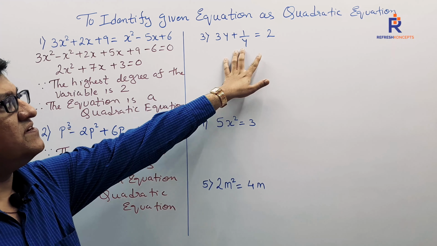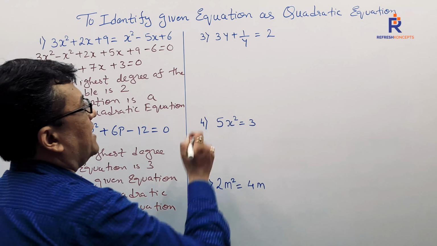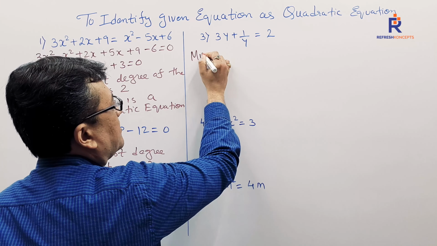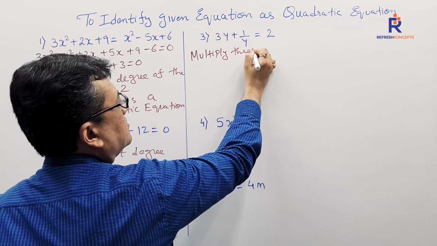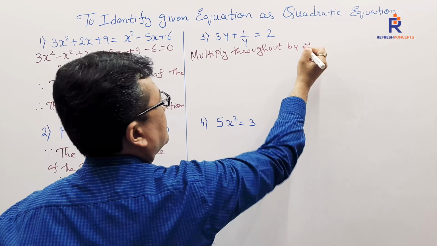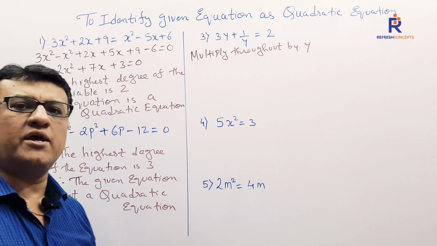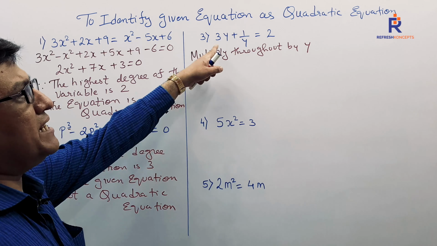Since we have y in the denominator, we are going to multiply throughout by y, or you can say multiply by y on both sides. Every single term needs to get multiplied with y.